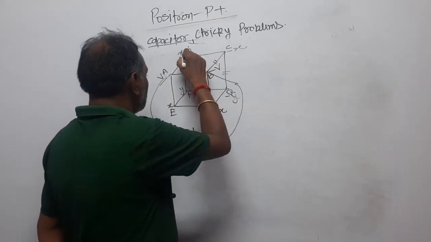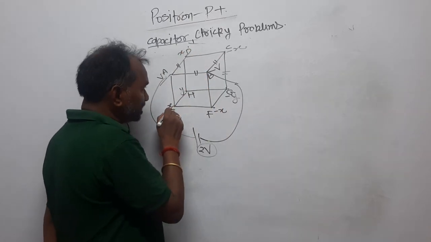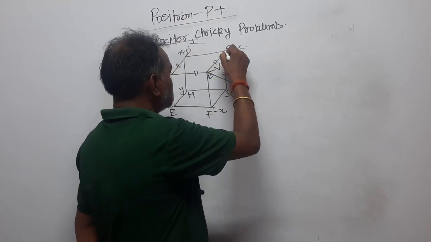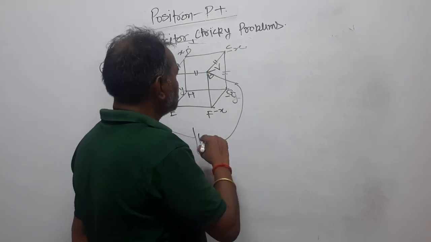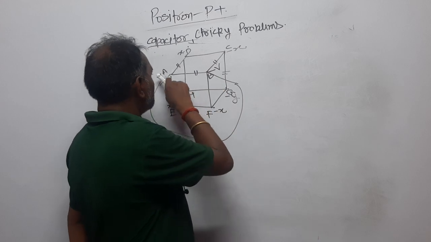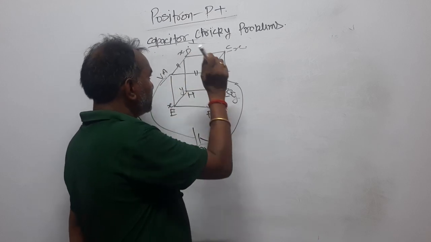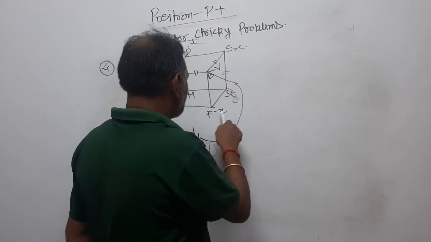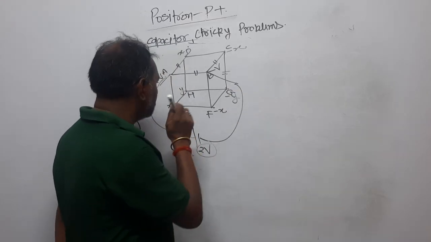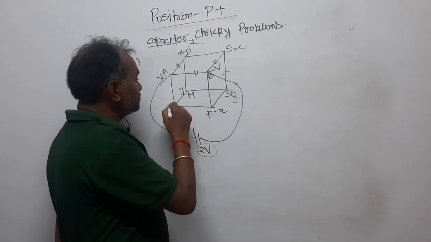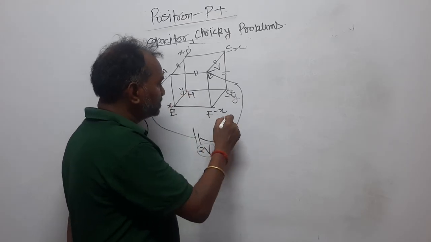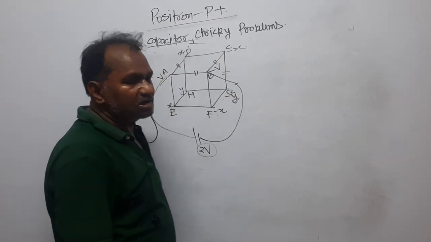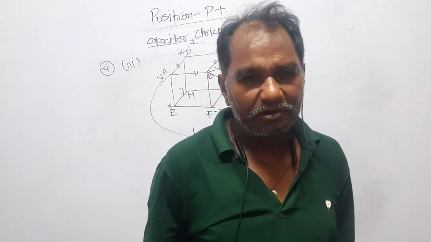So if its potential is X, then E also has the potential X. Now with respect to B, C and F are common potential points. So with respect to minus V, they have a potential minus X. And let with respect to X, it has potential Y, then with respect to minus X, it has potential minus Y.